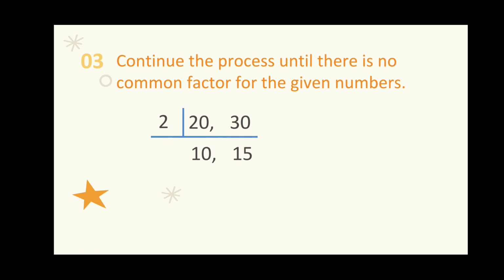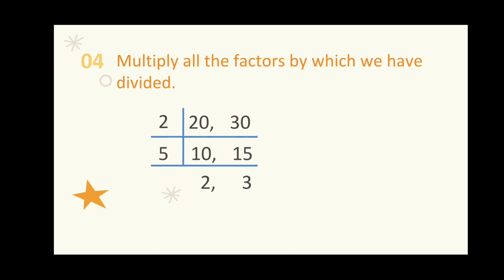So 10 and 15, ang common factor nila ay 5. So now we have 2 and 3. So ngayon, wala nang common factor ang 2 and 3 except 1. So meaning, tapos na tayo sa pagde-divide. Step 4, multiply all the factors by which we have divided.